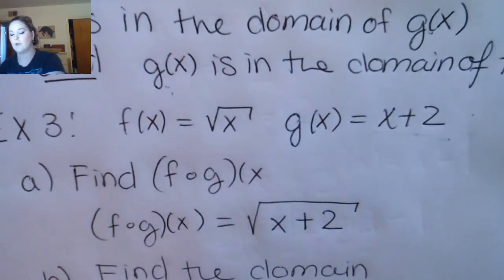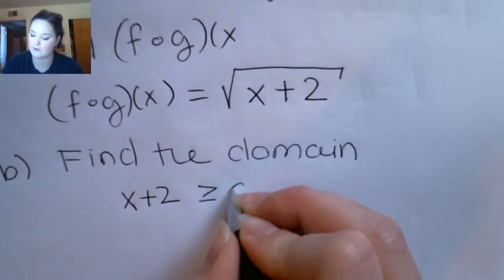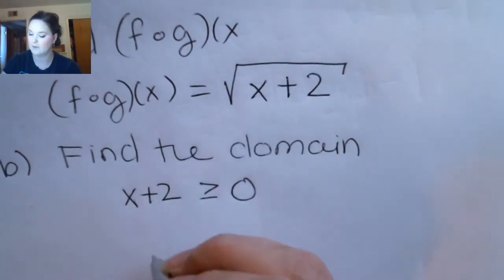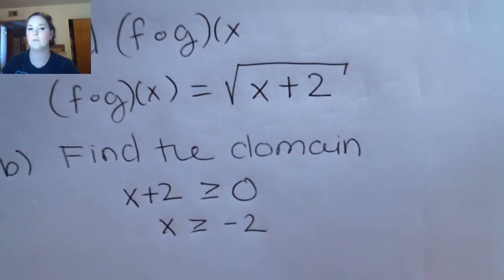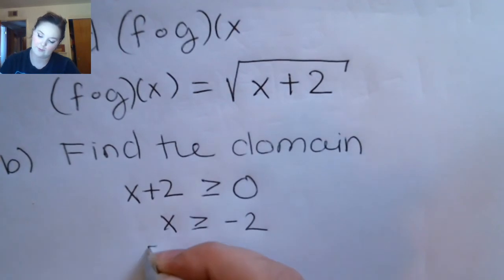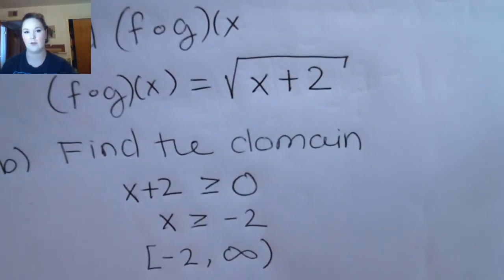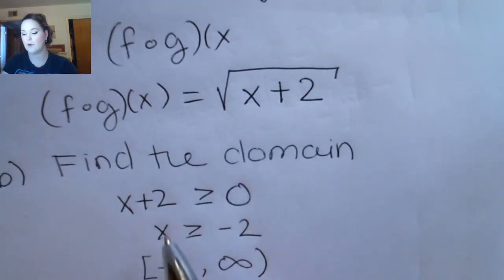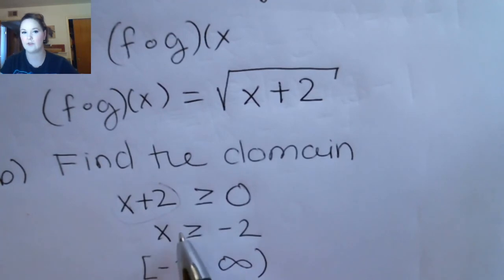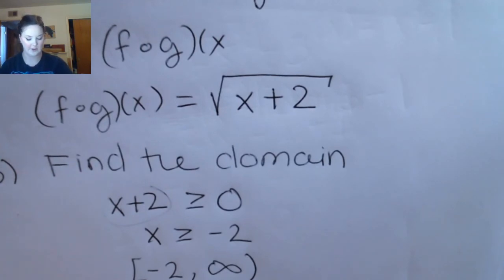You want it to be greater than or equal to 0, so we want x plus 2 to be greater than or equal to 0. So our final domain would be -2 to infinity. No restrictions from plugging into g of x, but we do want that answer that we get from g of x to be able to be square rooted, meaning we need it to be a non-negative value.